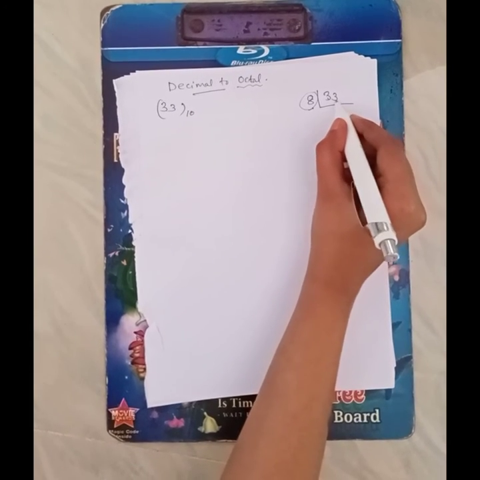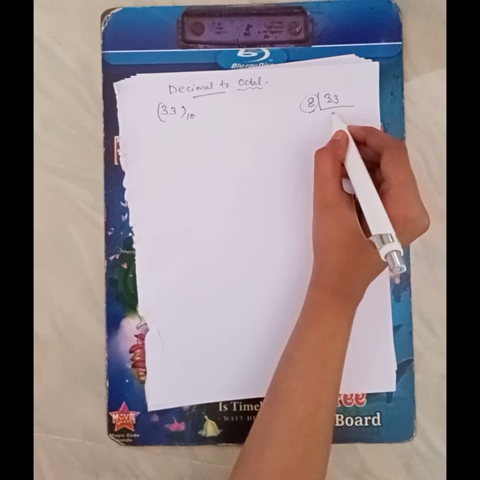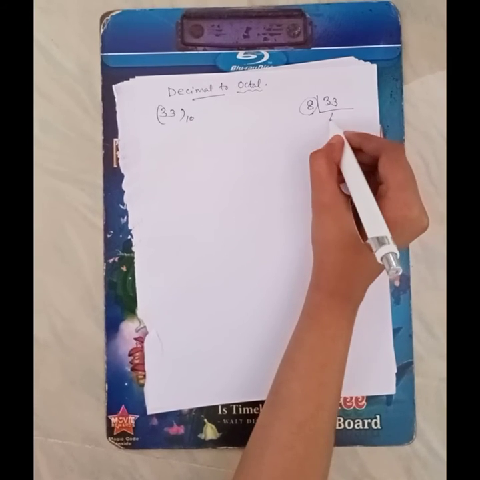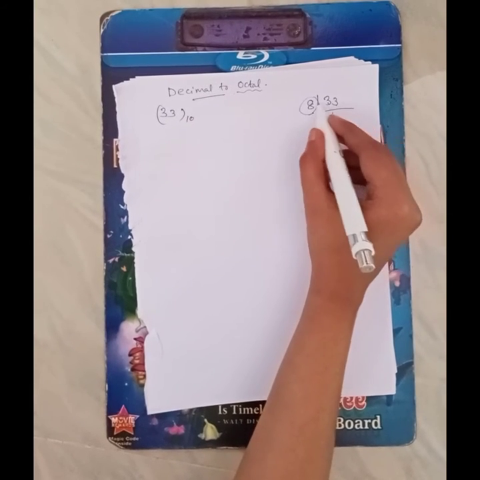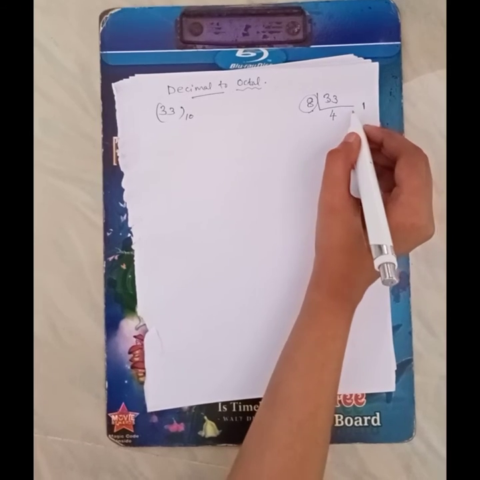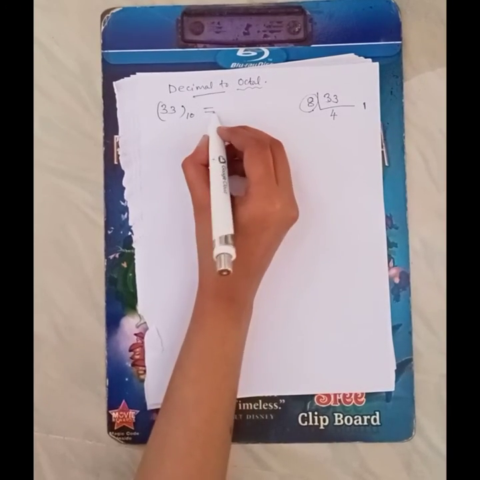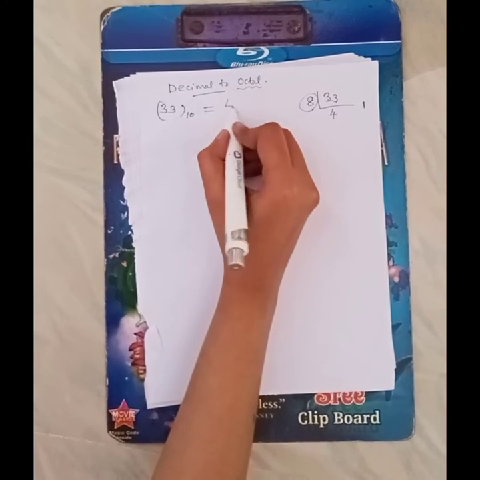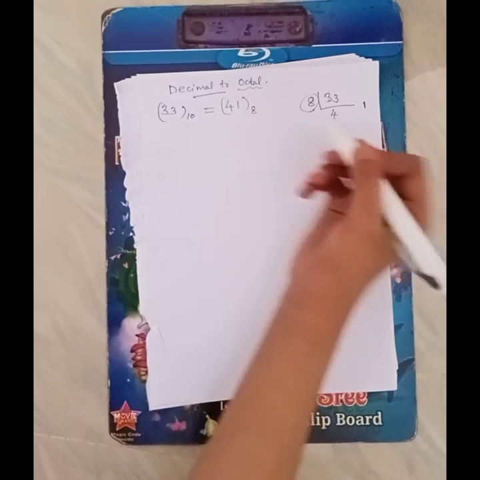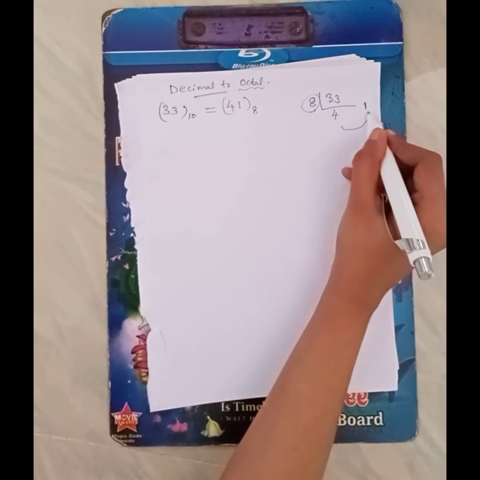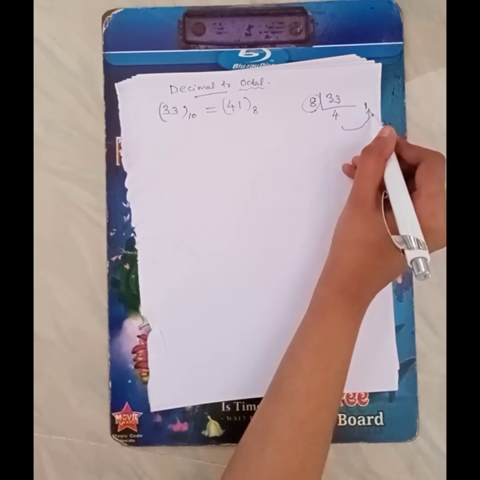So 33 divided by 8 is, we can see 8 into 4 is 32. That is remainder is 1. So the octal number for 33 is 41. It is division, so we are taking it bottom to up.